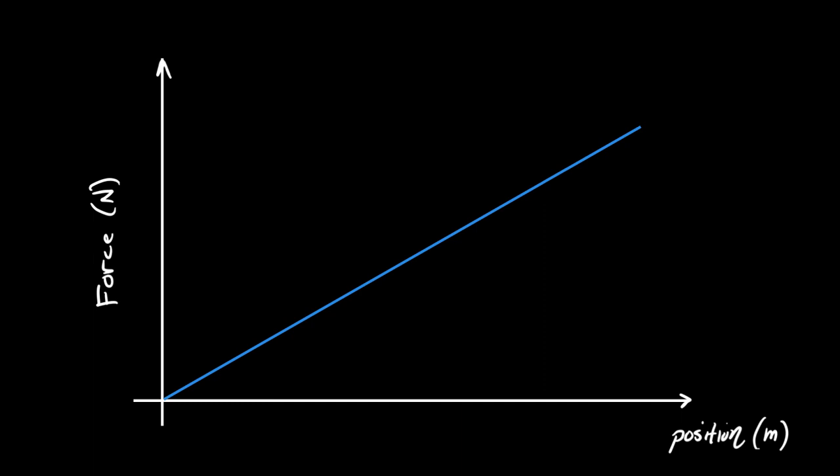Now, to be honest, not many people did this lab because it was like the day before Thanksgiving. But we did this lab. Now, when we did this lab, this is what the graph looks like because it's linear. We know for a spring, the force from a spring is proportional to the displacement.